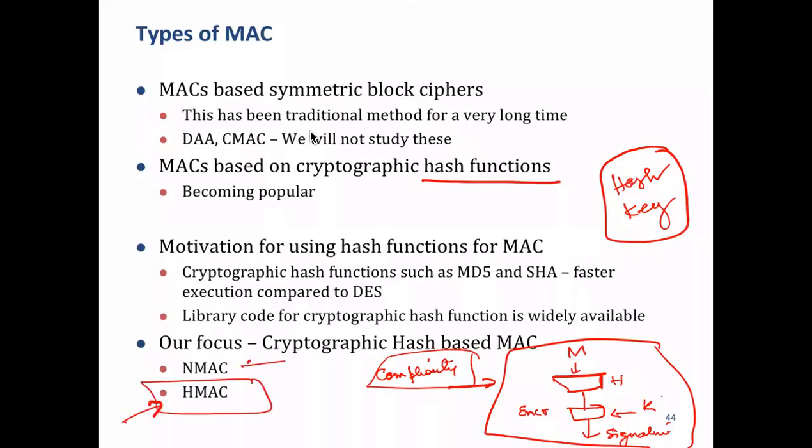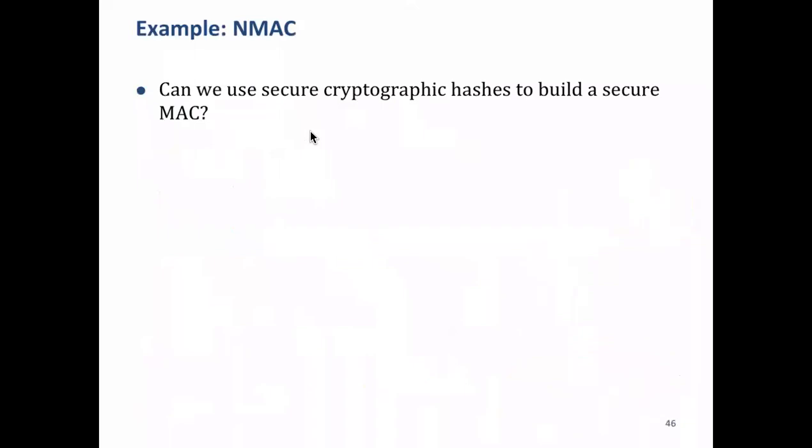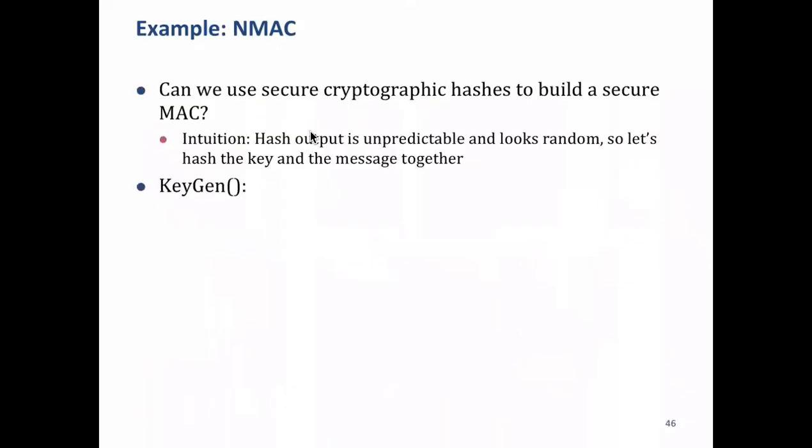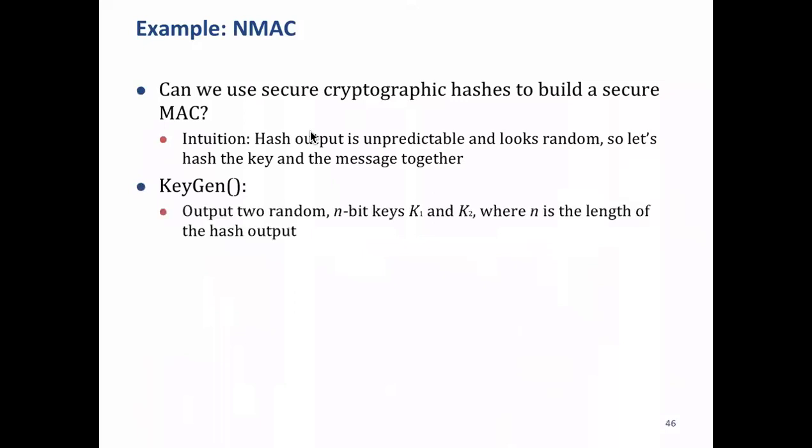NMAC came earlier, and then HMAC is the later one. For NMAC, please go through this PPT, but we'll briefly discuss it. The intuition here is that hash output is unpredictable if you hash a message, and it looks random.